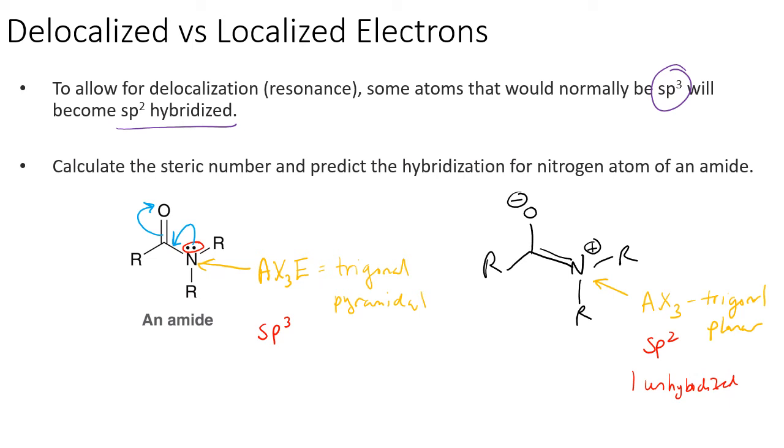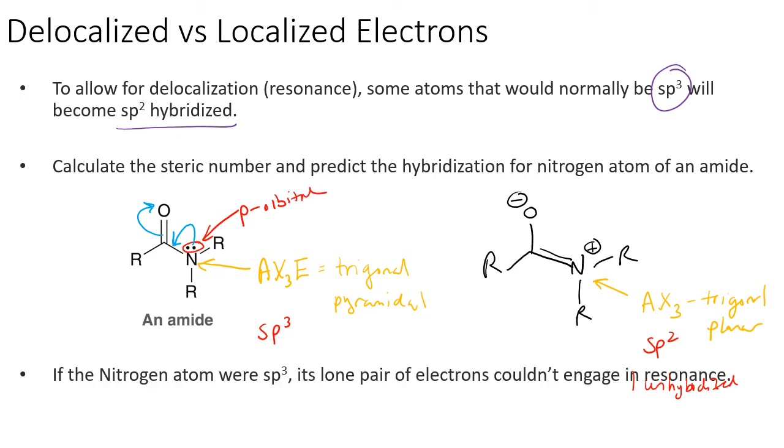If they are going to participate in resonance, they must be in an unhybridized p orbital. So if that nitrogen atom actually were sp3 hybridized, then those electrons couldn't even participate in resonance. So it takes a little bit of time to just become familiar with some of this stuff, and understanding some of these patterns of resonance that we've previously gone through will really help with knowing when electrons are localized versus delocalized. So those electrons on that nitrogen are delocalized, and they really do live in an unhybridized p orbital.